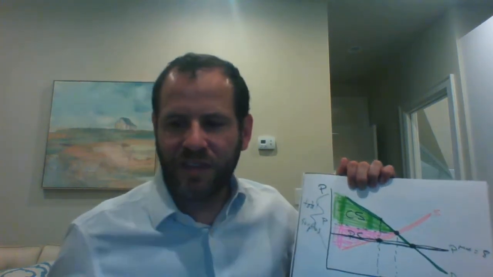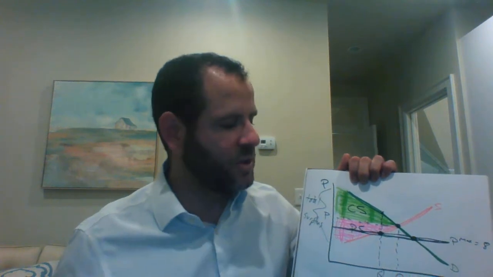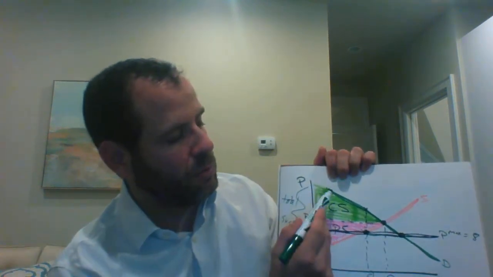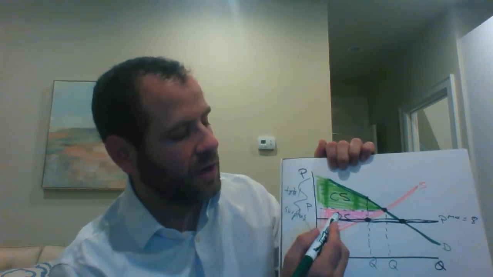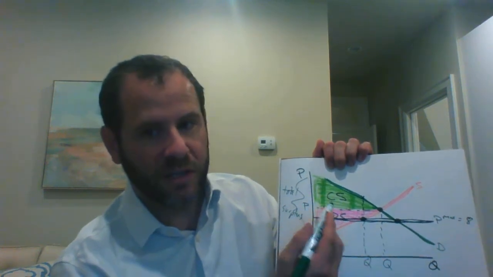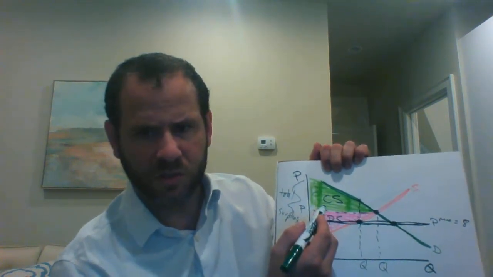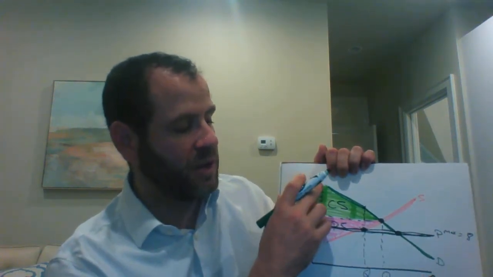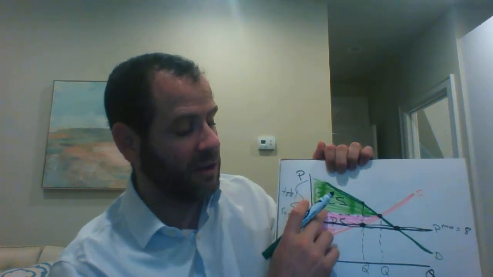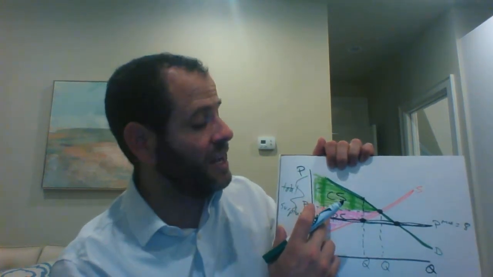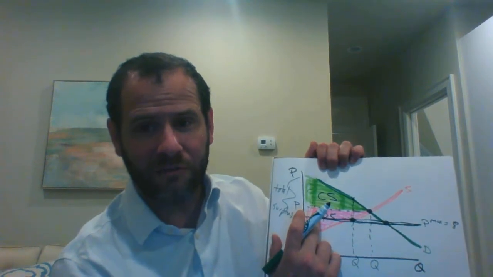Now, we've said that consumer surplus is the area below the demand curve above the price in the market. So all of this green area right here, that's still consumer surplus. This person's willing to pay 20 bucks for a bag of dog food. They were really excited when they could buy it for 10.